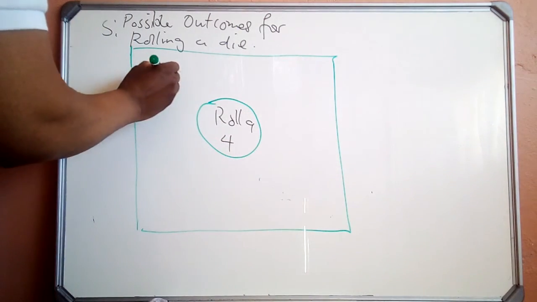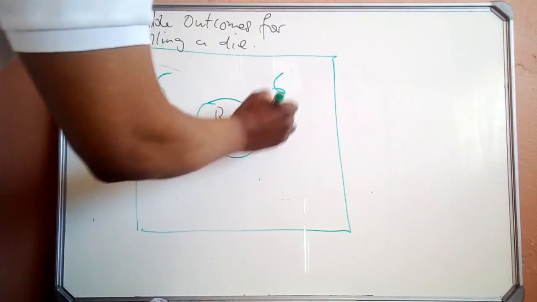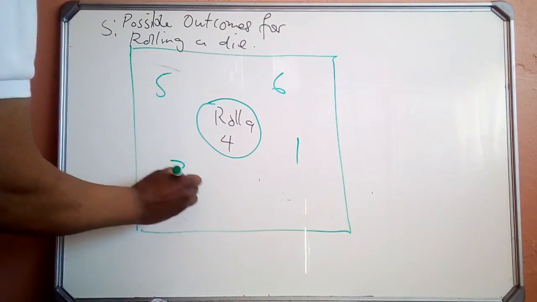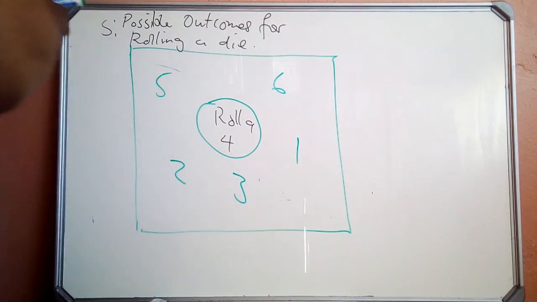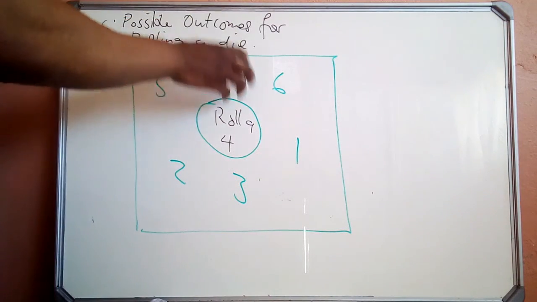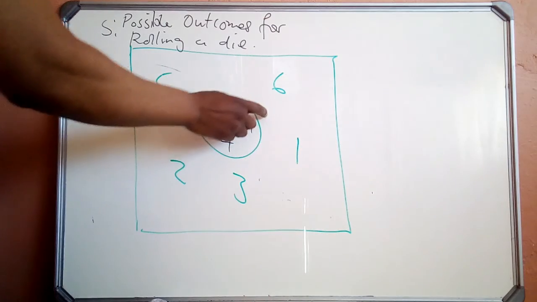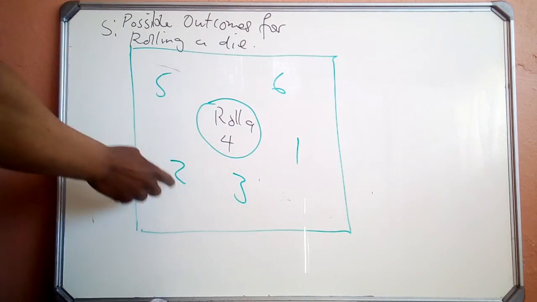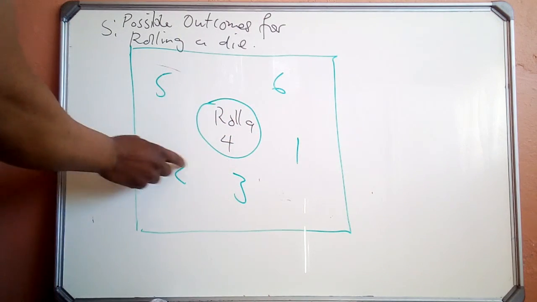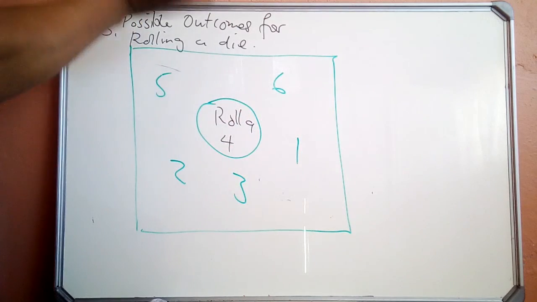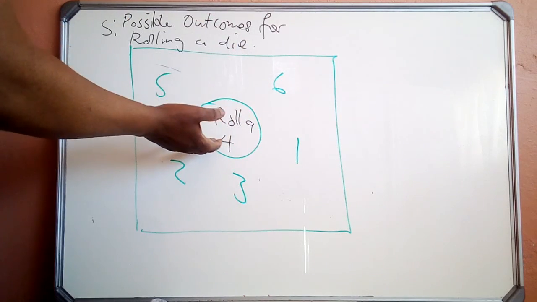This is roll a 4. This is a 5, a 6, a 1, a 2, and a 3. As you can see, the probability of rolling a 4 is 1 over 6.